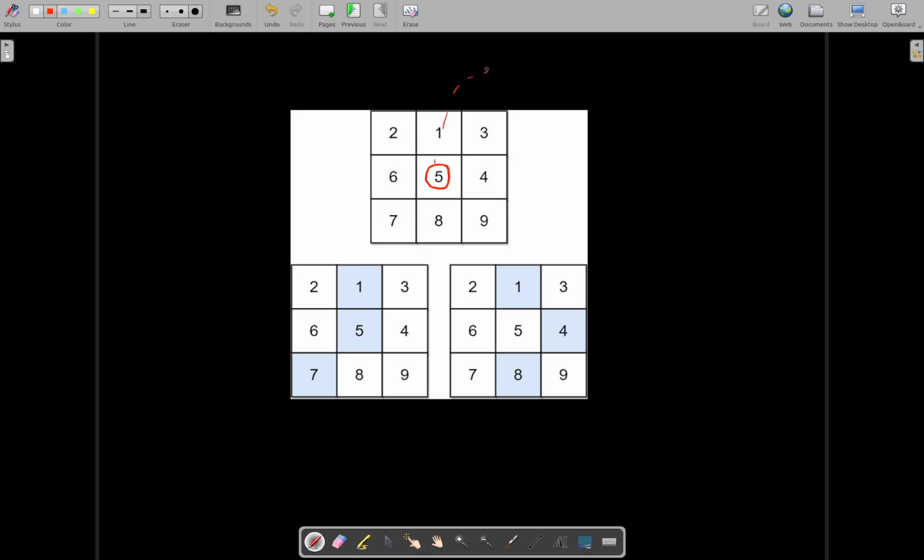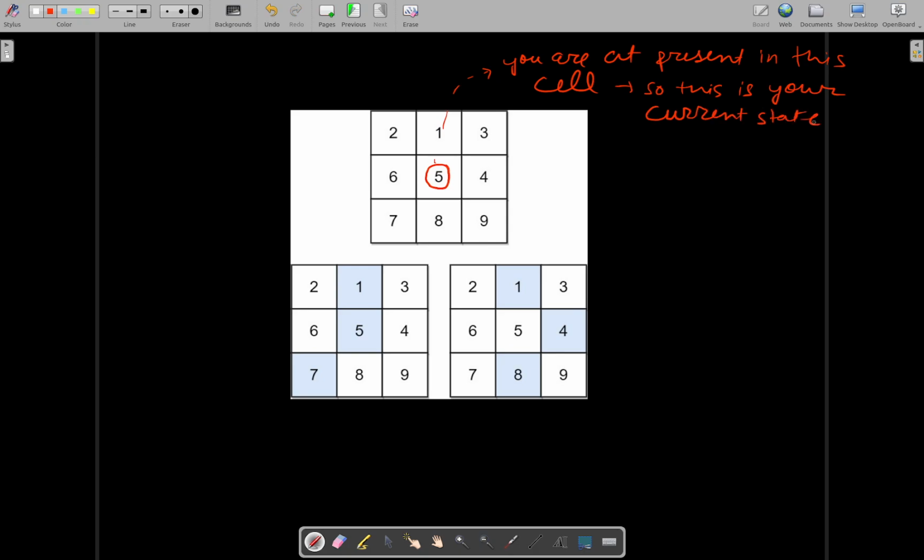This is your current state while exploring choices.